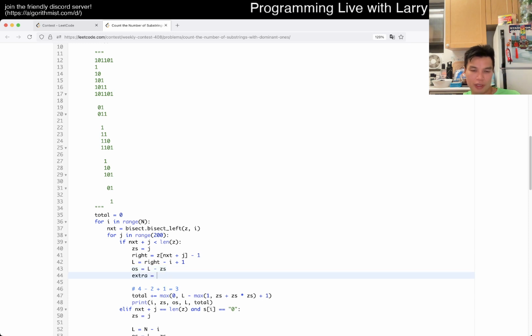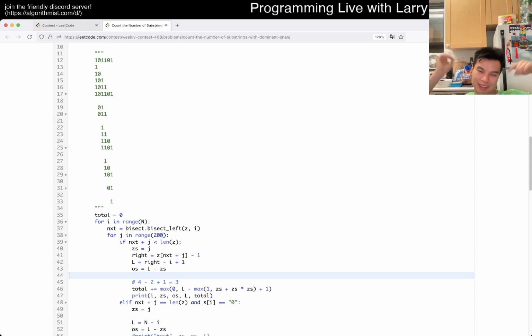So extra is equal to, okay, so it's equal to right minus, how do I do this cleanly?